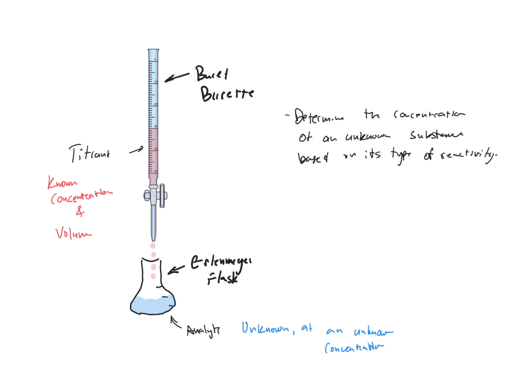Now, in a titration, typically the titrant reacts with an indicator in the analyte to indicate when a chemical reaction is done.